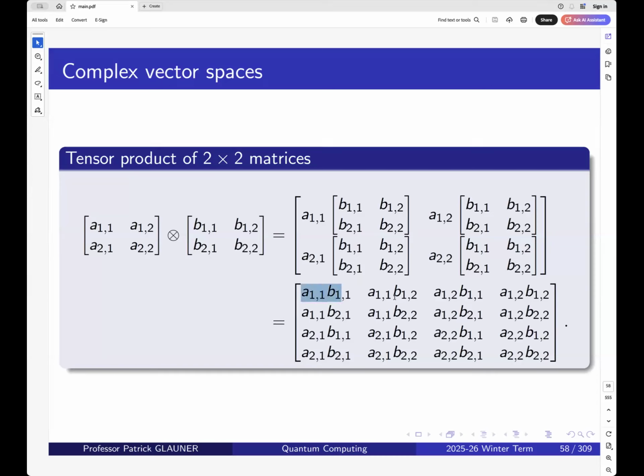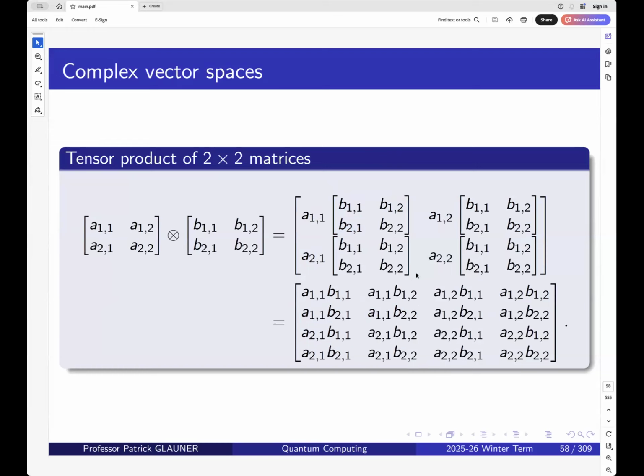What we get are products. So you see the first 4 elements up here: we take our A11, which comes from the first matrix, and I multiply it with every entry of the second matrix. So A11 times B11, A11 times B12, which would be down here, A11 times B21, which is here, and A11 times B22.